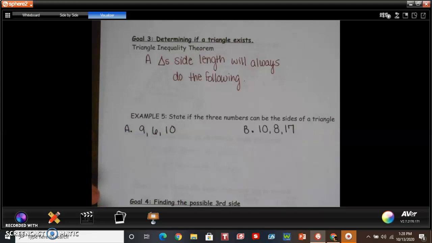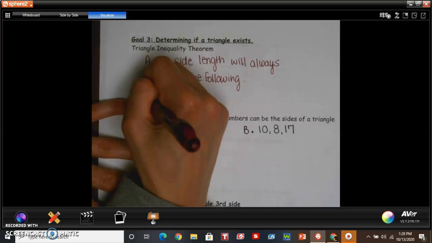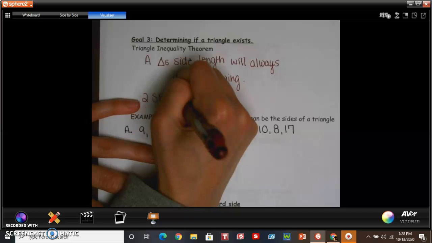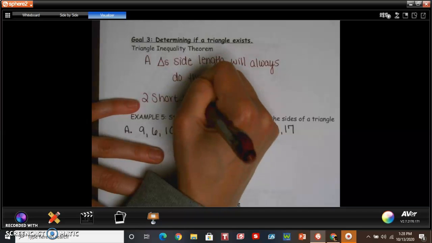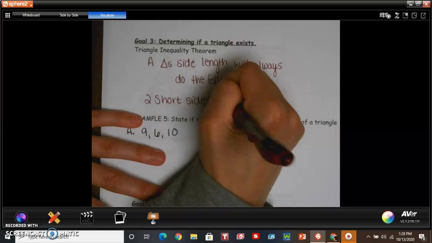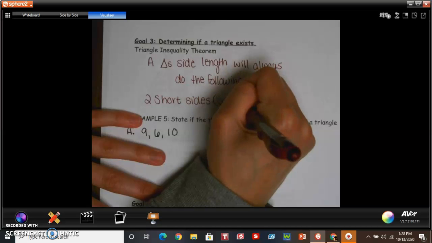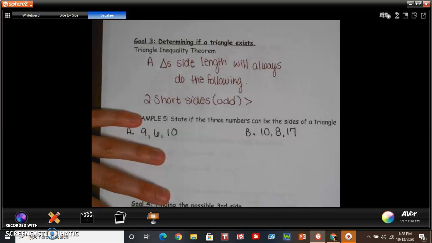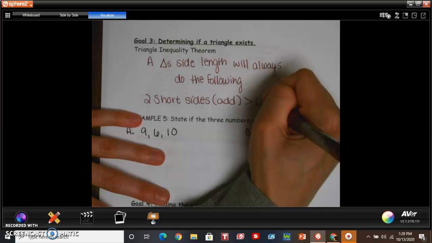Okay, you take the 2 smallest, shortest sides. Add them, and they need to be greater than the longest side.